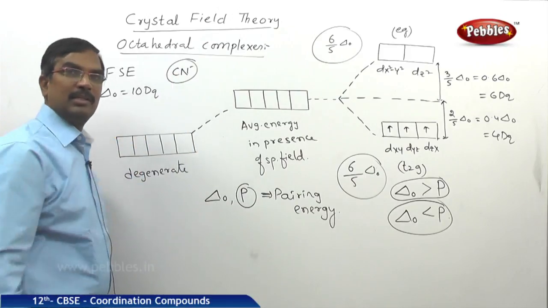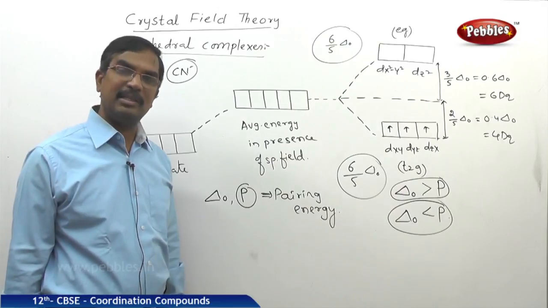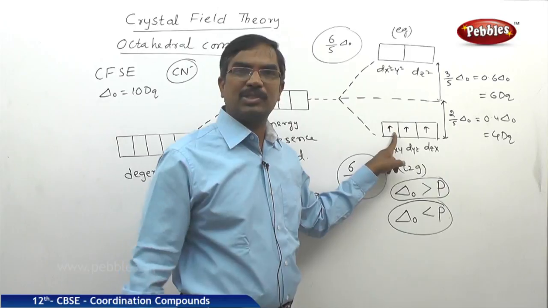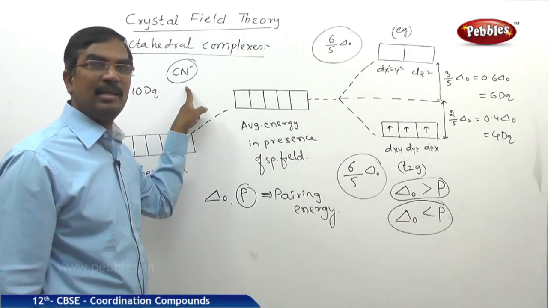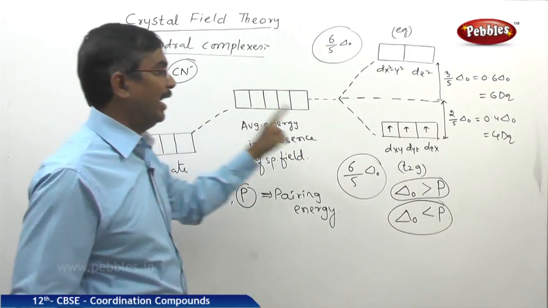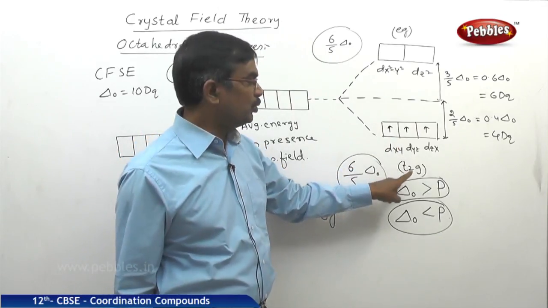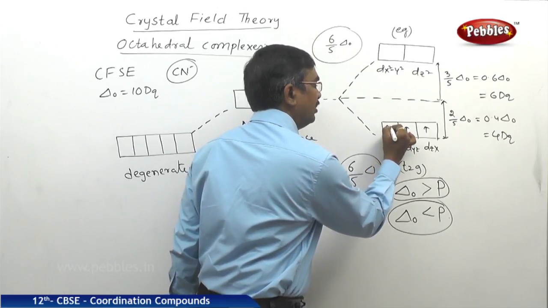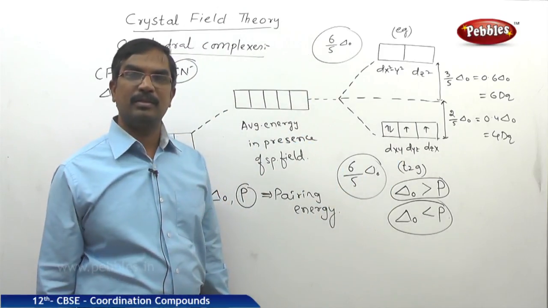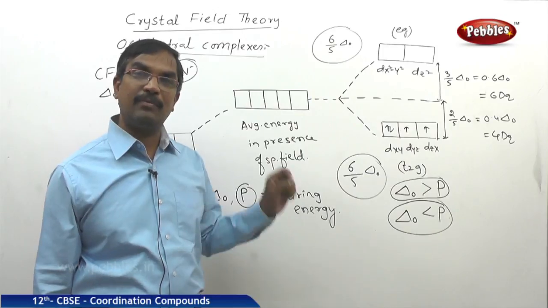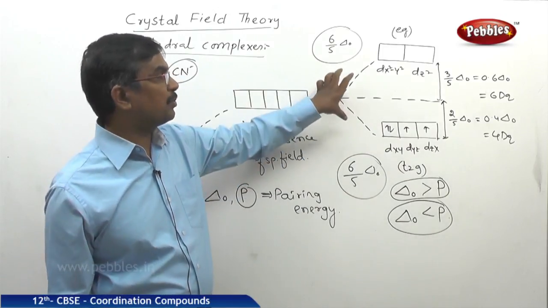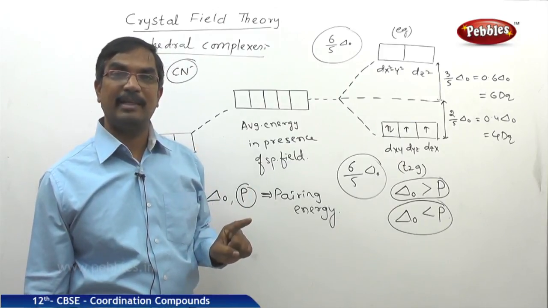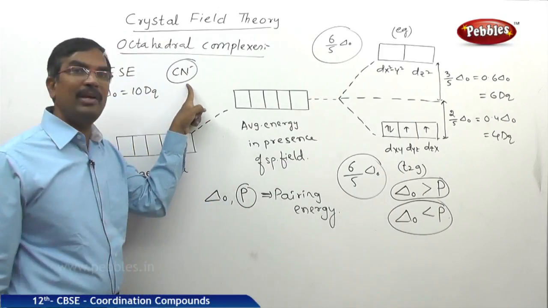CN minus is a strong field ligand. So if you take the fourth electron, in the presence of CN minus the electron is forced to enter into the T2G set of orbitals. In such a case, the pairing will take place. So we want to fill the fourth electron in these two sets of orbitals, and the pairing takes place in the presence of the strong field ligand.